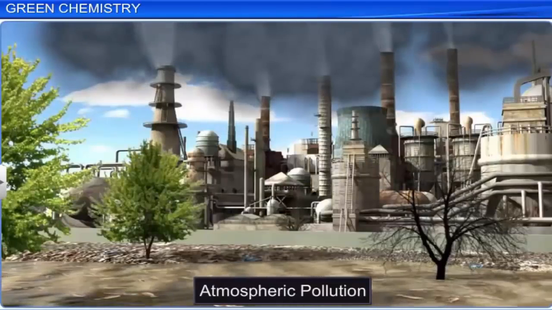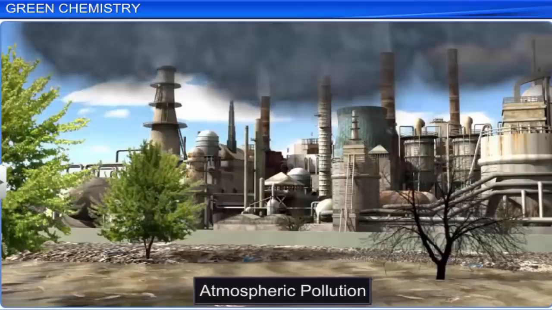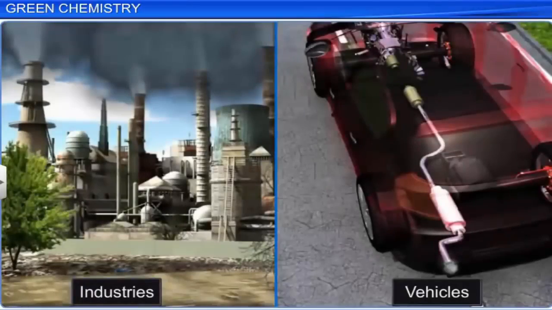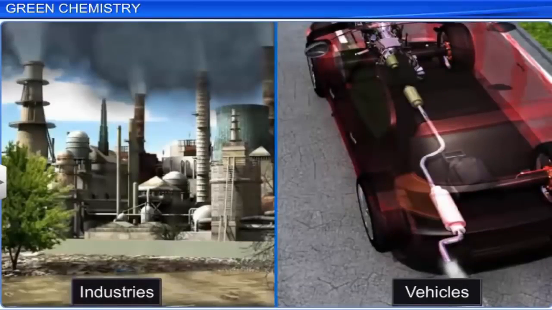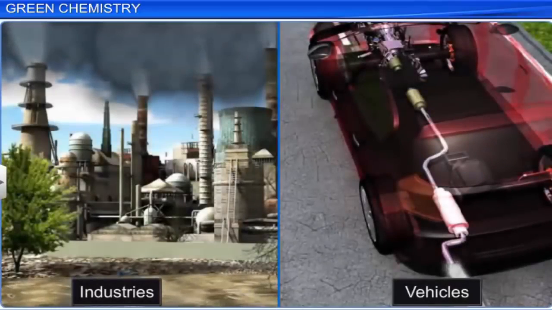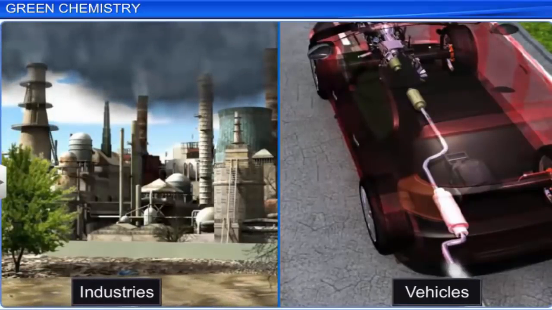We know that the Earth's atmosphere, along with its soil and water, is polluted every day, and it is not possible to eliminate the causes of pollution, such as industries and vehicles, all at once. However, it is possible to find alternate production methods that would not pollute the environment as much as the current methods.